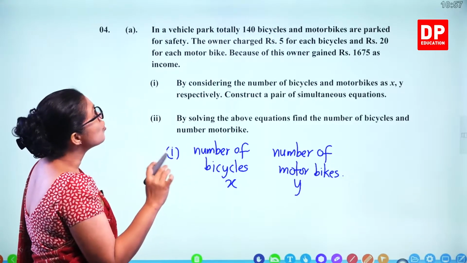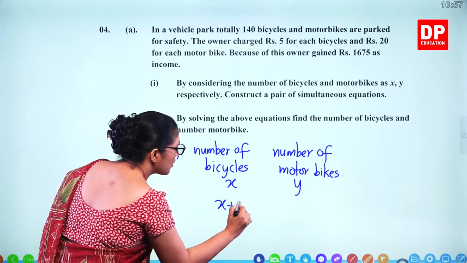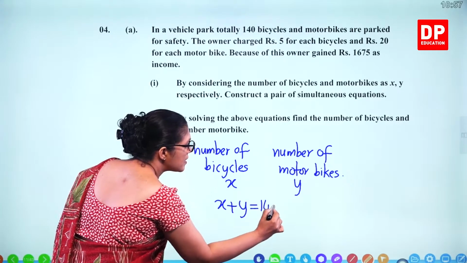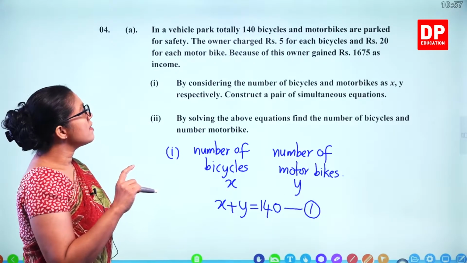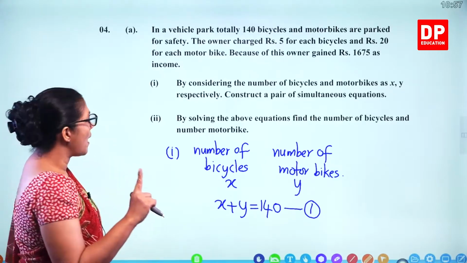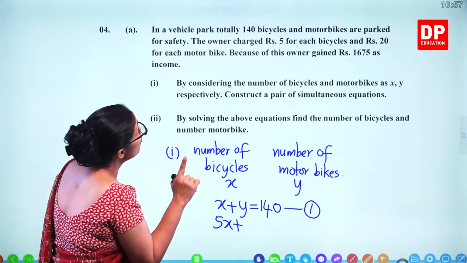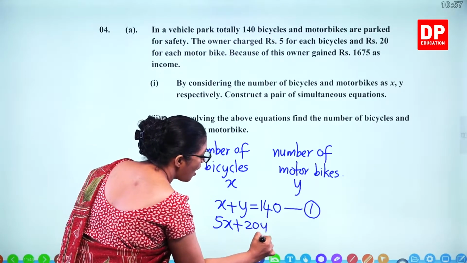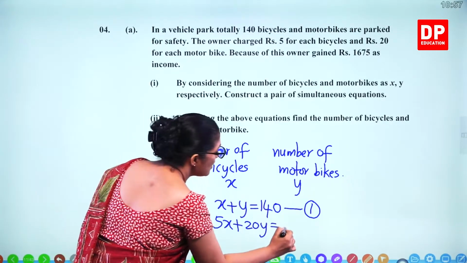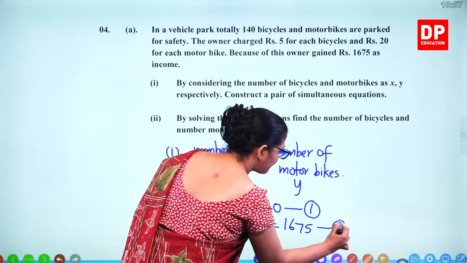It says the total number of vehicles 140. So x plus y is 140. That's your first equation. What's the second equation? It says the owner charged 5 rupees for each bicycle. So x bicycles, 5x. Each 20 rupees for motorbike. So 20 times y. The total is 1,675. That's your second equation.